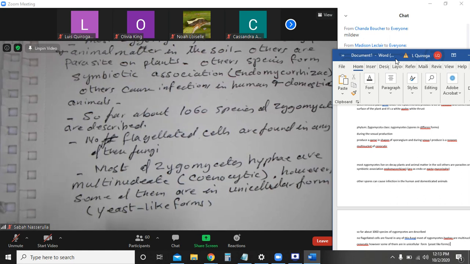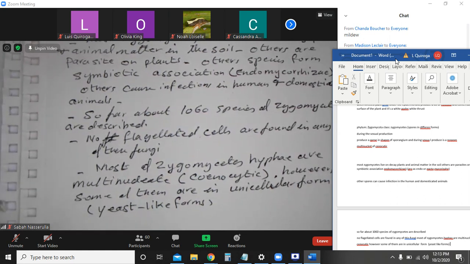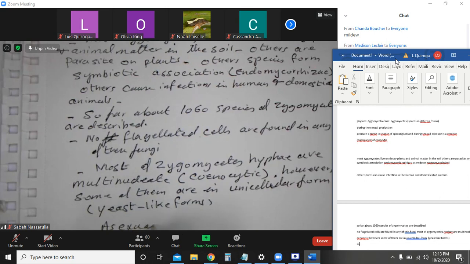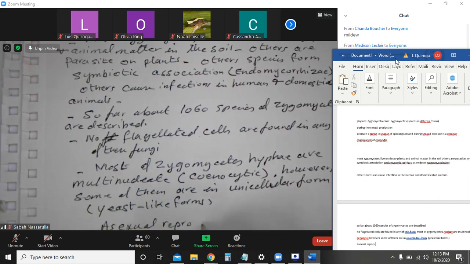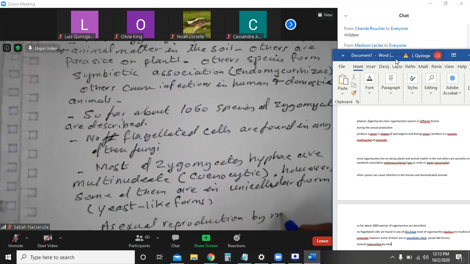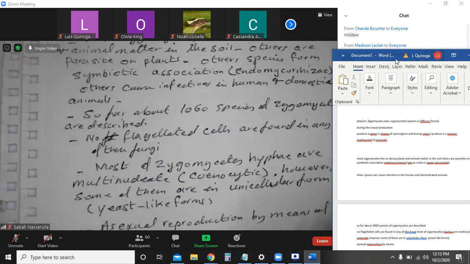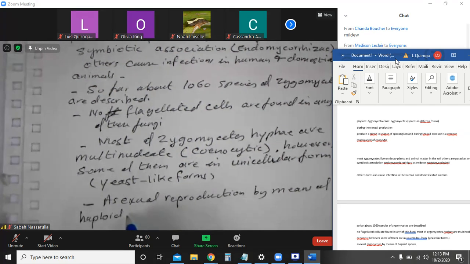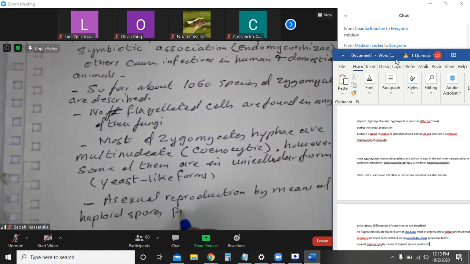Now, the other characteristic important to understand of this group is that asexual reproduction is by means of haploid spores produced in sporangia.